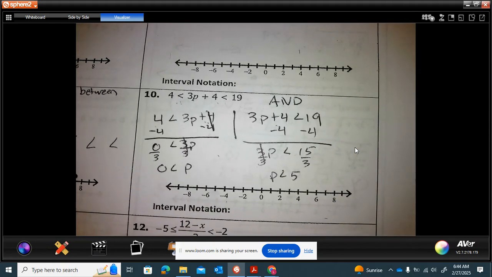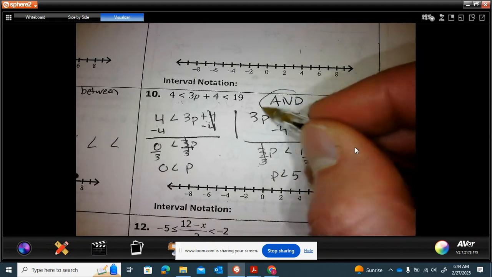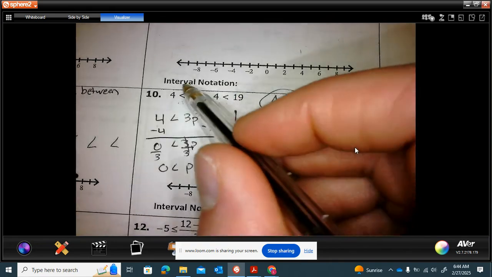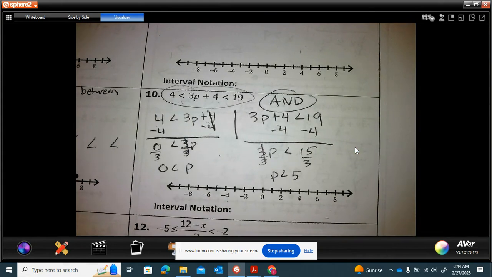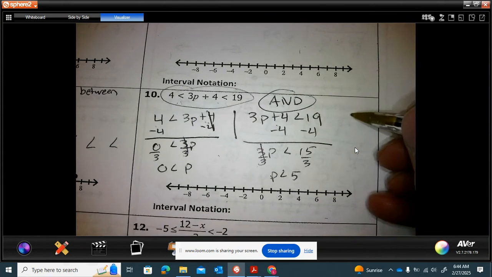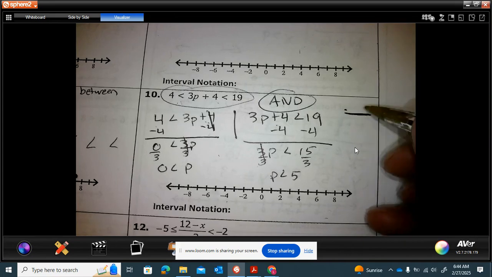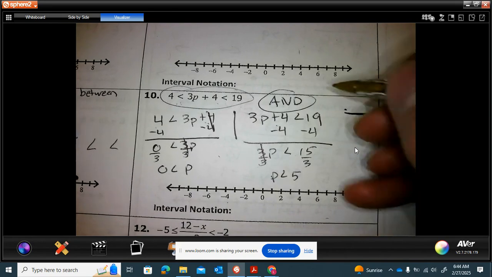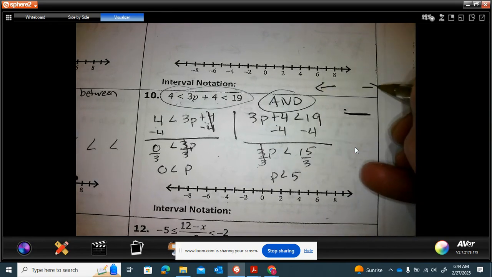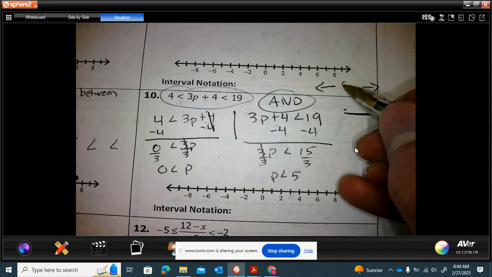So I know that it's an and inequality just because of how it's written, right? It's one big inequality. I don't see the word or. So I know it's going to be shaded in between. It's not going to be the two arrows going to the left and to the right. This has to do with or.